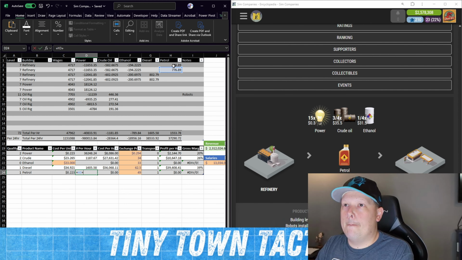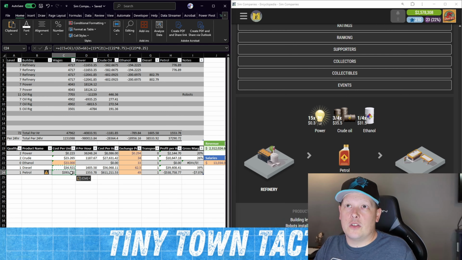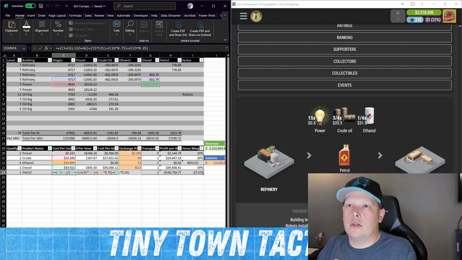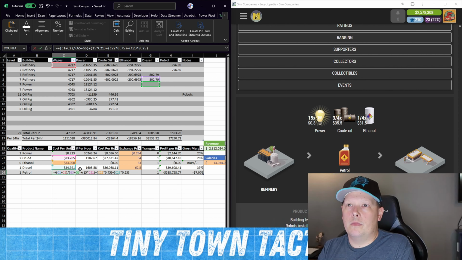Right. I want to just copy that down, but it's going to do weird things because it's not supposed to do the C5 and C6. No. Oh, dang. Why did I do this to myself? C1 and C2. G1 and G2. Nope.